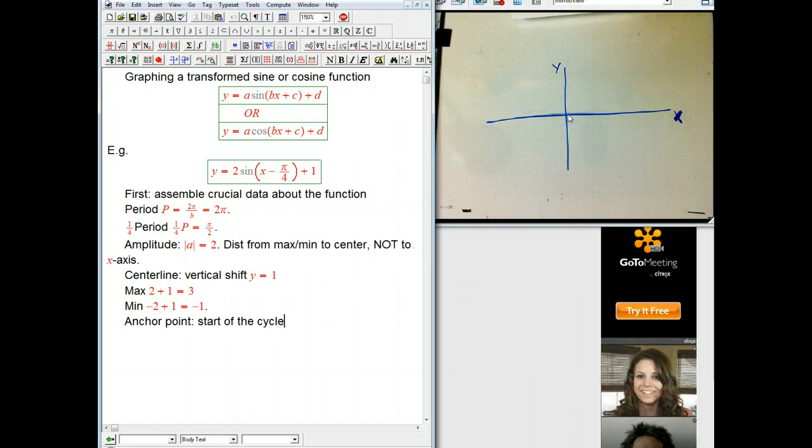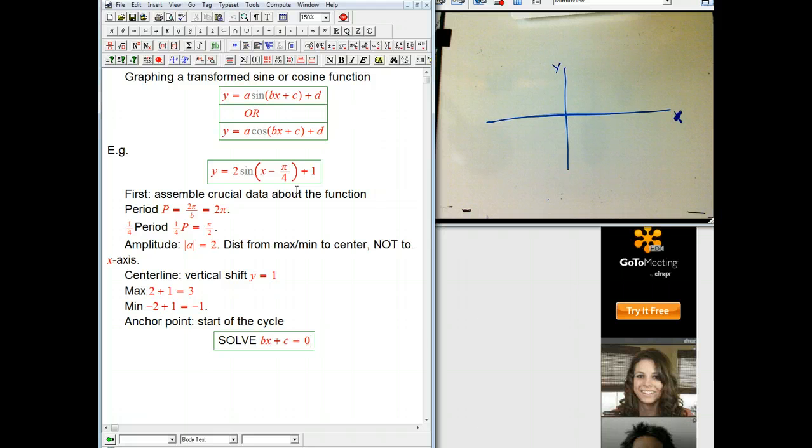Okay, so how do you find the anchor point? Here it is. What we're trying to do is make the sine function think that it's just at its starting point. We're just trying to figure out what I should put in for x so that this whole quantity is equal to 0. Okay, and so that's really crucial. Let me put here, solve bx plus c equals 0.